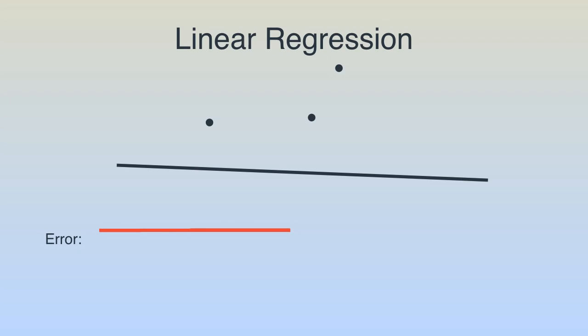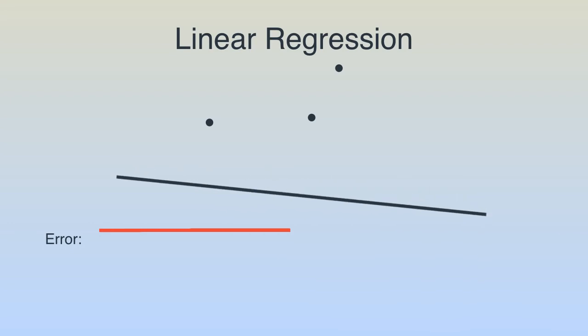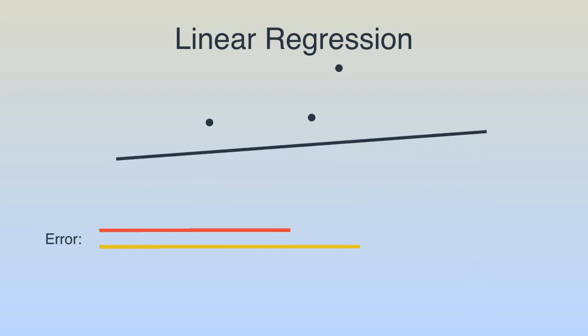Now, what we're going to do is move the line around and see if we can reduce this error. So let's say we move it in this direction and we calculate the error. It's given by the yellow distances. We add them up and realize that we've increased the error, so that's not a good direction to go. Let's try moving the other direction. We move it here, calculate the error.